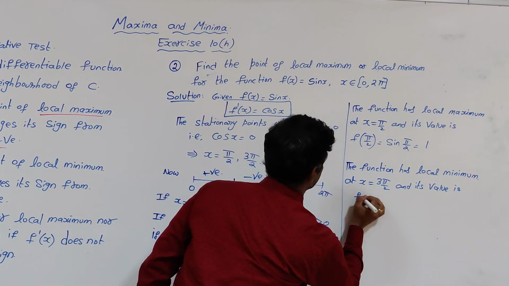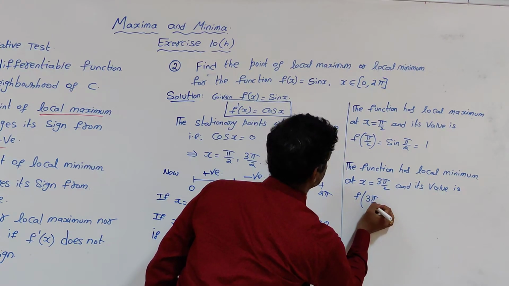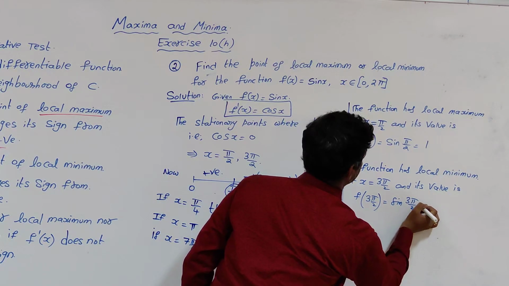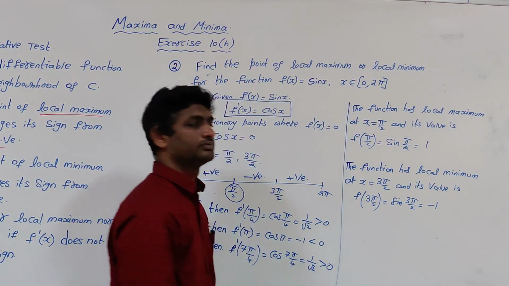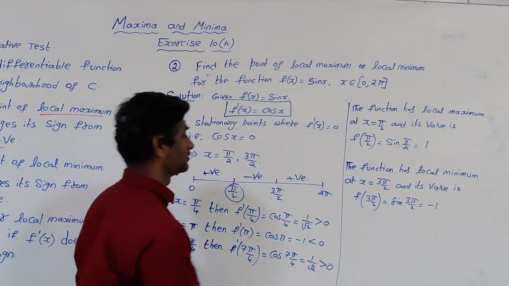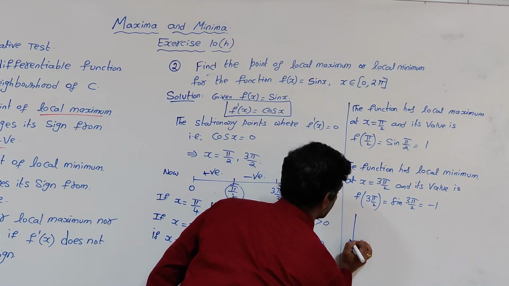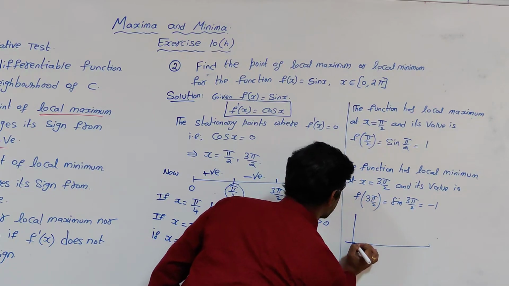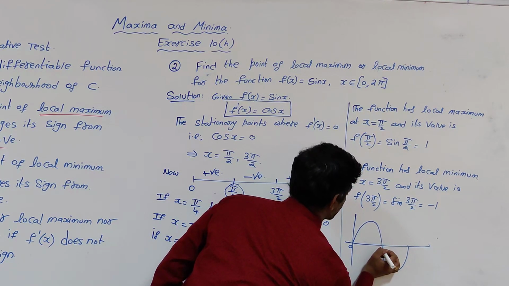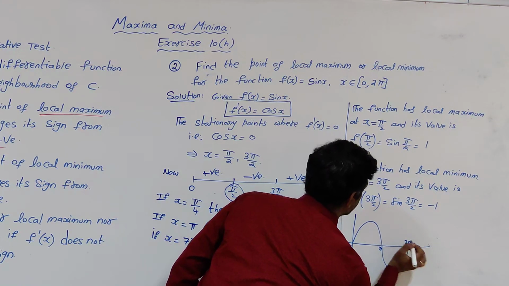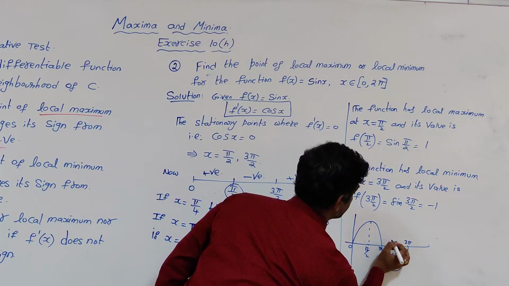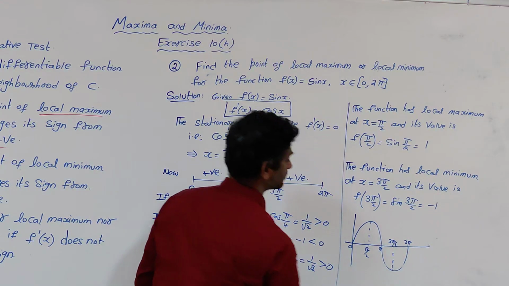is f of 3 pi by 2, which is sin 3 pi by 2, which is minus 1, and we are well known with the graph. Normally, without using the graph, we are able to identify 0, pi, 2 pi, and this is pi by 2, and this is 3 pi by 2.